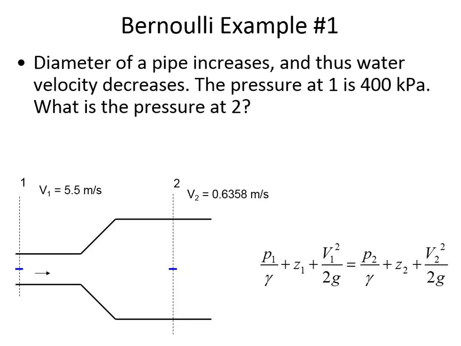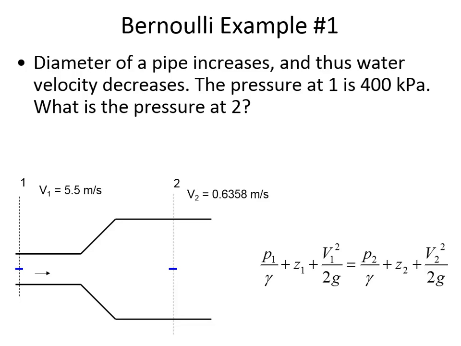It's the pressure. 40 meters of head is in the pressure, and 1.5 meters of head is in the velocity. And this is an important point, that unless the velocities are extraordinarily high, usually most of the energy is in the pressure head term.